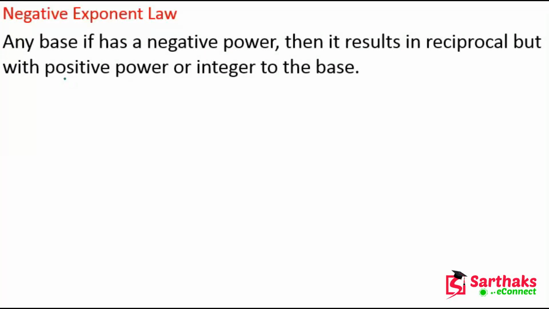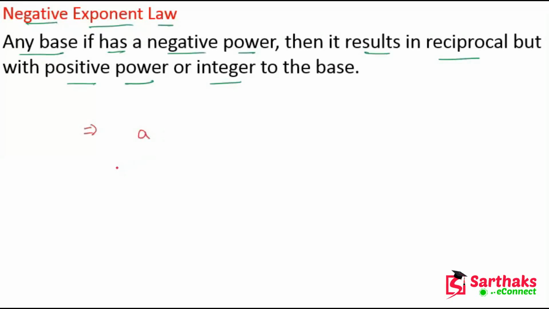Now the next is the negative exponent law. What is the negative exponent law? If any base has a negative power, then it results in the reciprocal with a positive power or integer on the base.